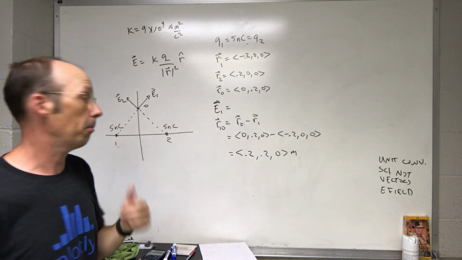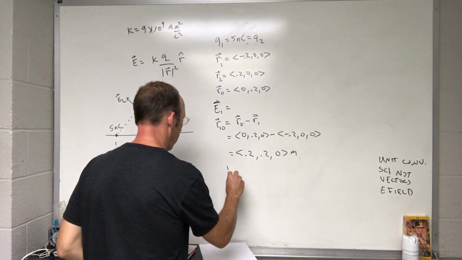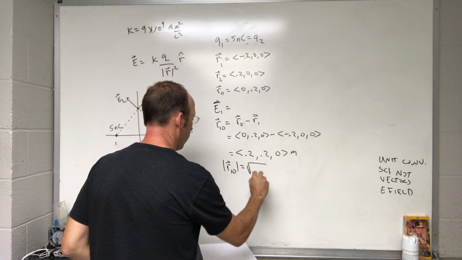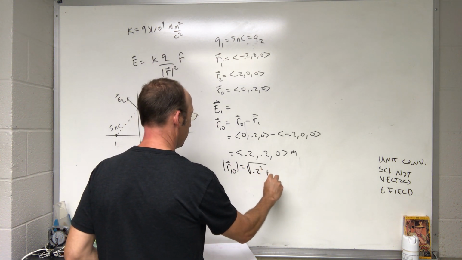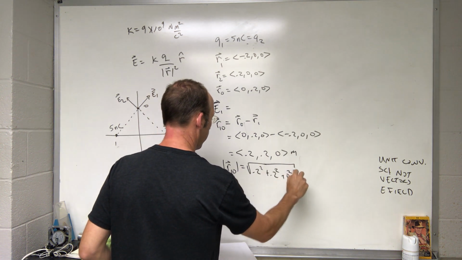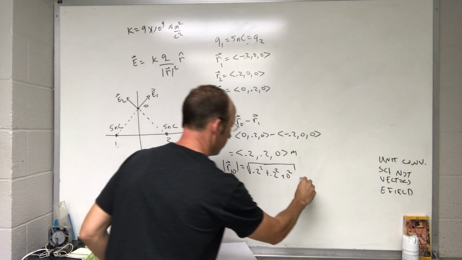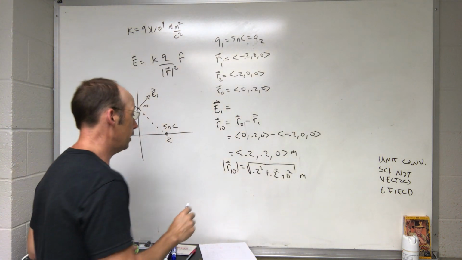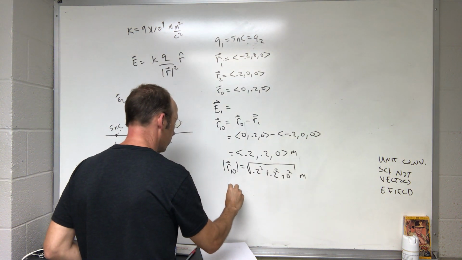Now I need to find the R magnitude. So I'm going to say the R10 magnitude is the square root of 0.2 squared plus 0.2 squared plus 0 squared. Square root it, and it will be in meters. I'll leave that there because I'm not going to get into all the details. Now I need to find R10 hat.